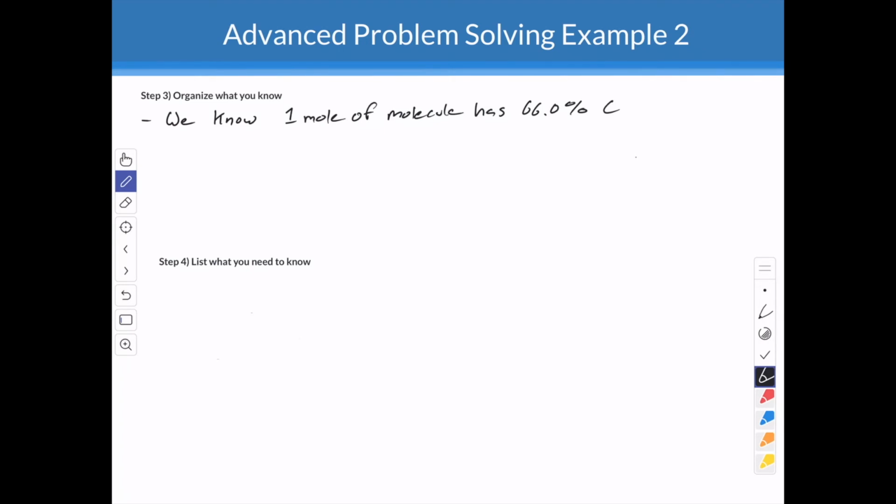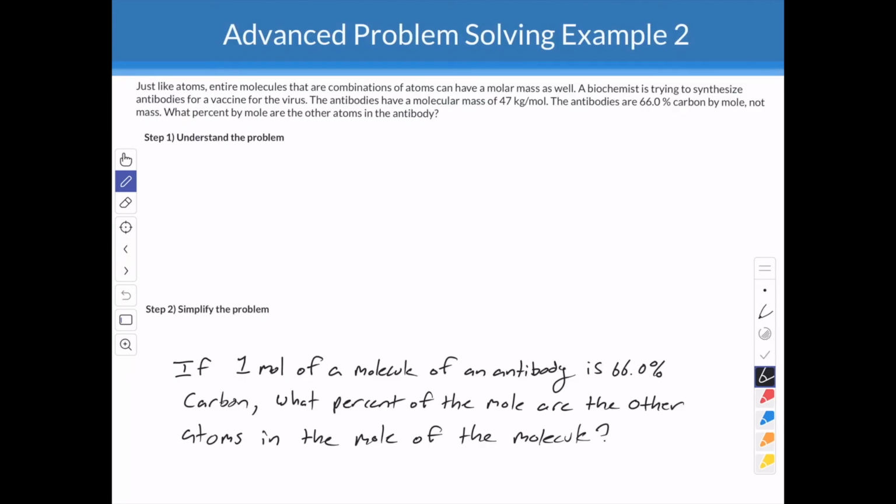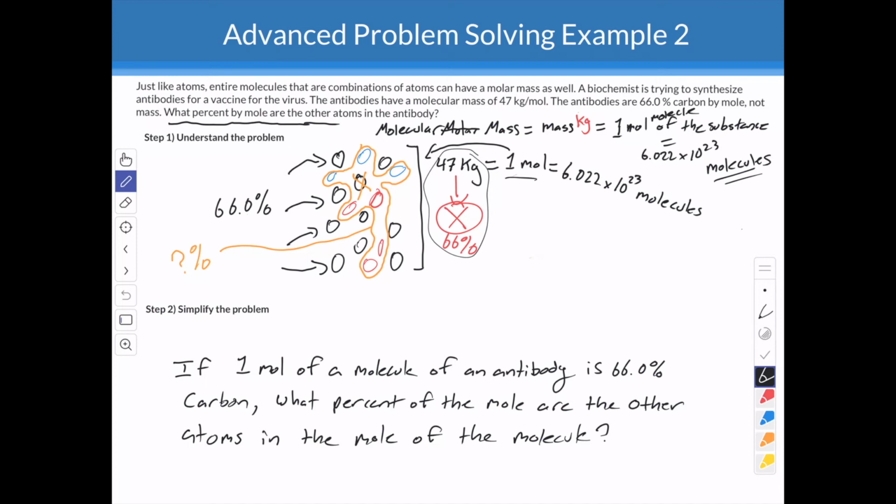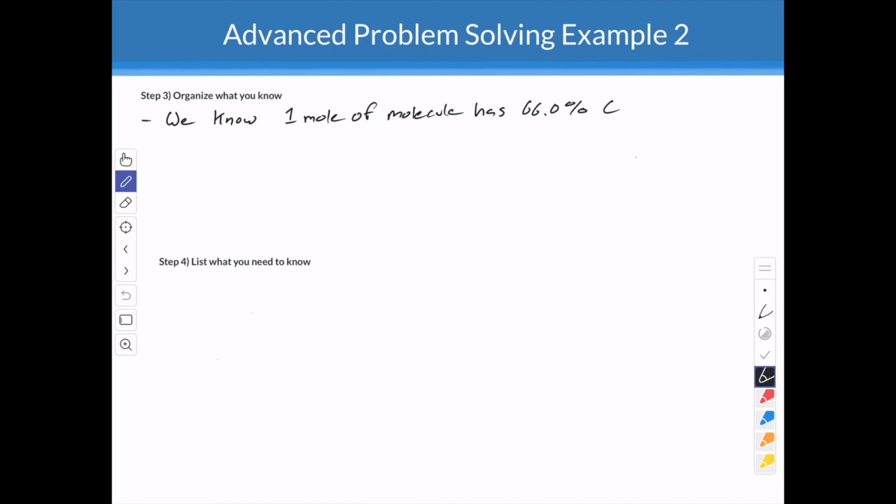And since we simplified the problem, we don't need to write information that we don't need to know. Right? I mean, why write out stuff that is irrelevant? That's why this step is so important. And you've learned in math class, sometimes in word problems, there's irrelevant information. Right? Organize what we know.